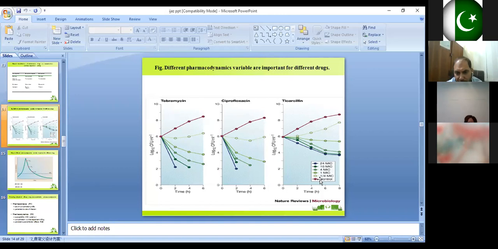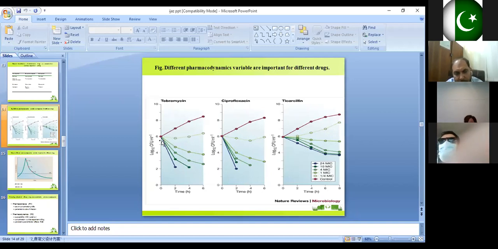On the right side, the first is the control, which is not exposed to the antimicrobial drug. Second is one-fourth MIC, the minimum concentration. Next are 1 MIC, 4 MIC, 16 MIC, 24 MIC, which are multiples. At the control, you can see bacterial growth.